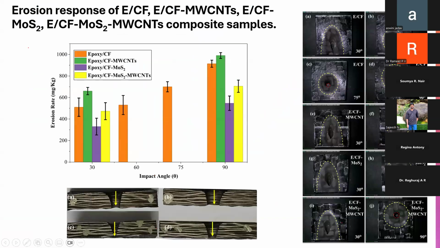And these samples are what my recent students have done. They have done erosion studies on carbon fibers, and they are saying that unlike nanocomposites, where 15° was the highest erosion angle, carbon fiber has 90° as the erosion angle. Just imagine, your property has been totally inversed.